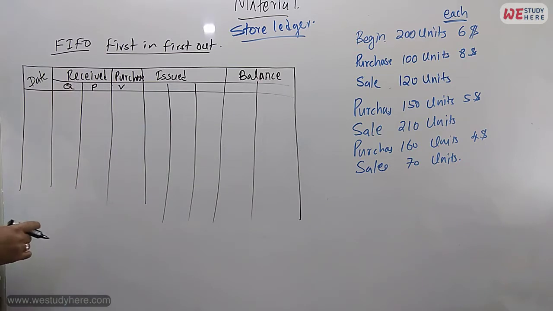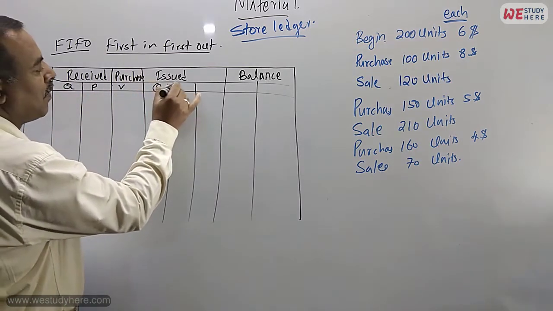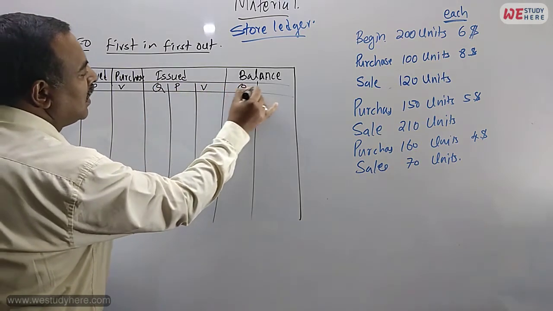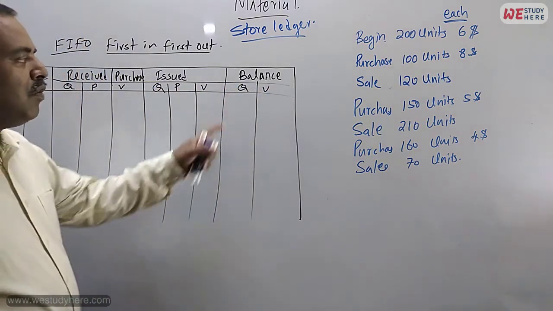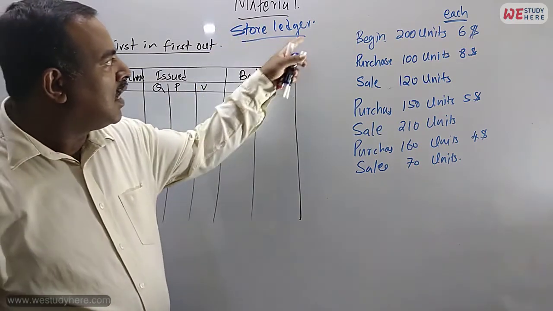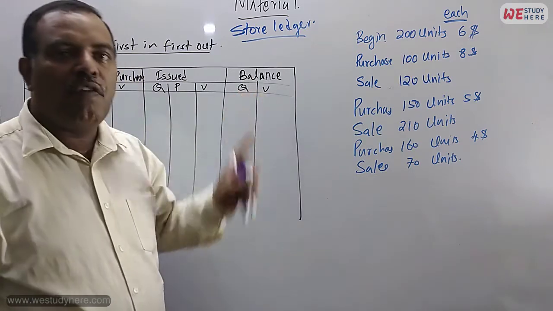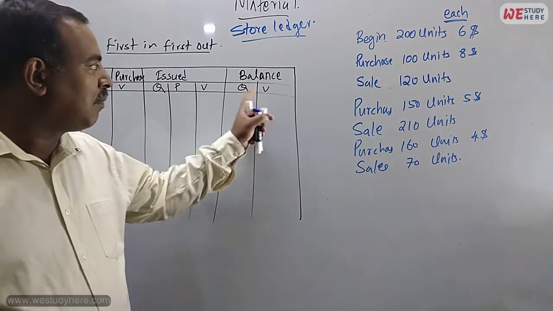How do you find the value? Quantity multiplied by price. Here we take quantity and value, because when I explained in the earlier video, store ledger includes two things: one is quantity as well as value only, no price, right? That's why we don't take price here.